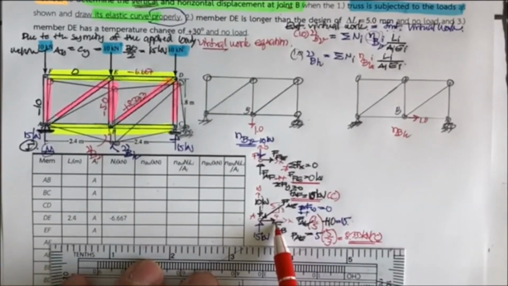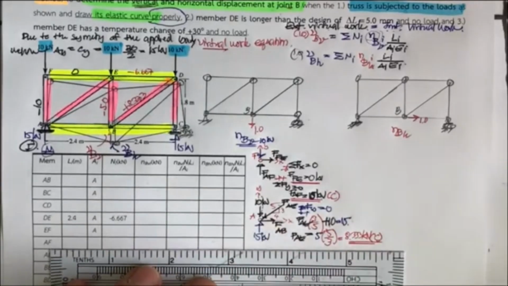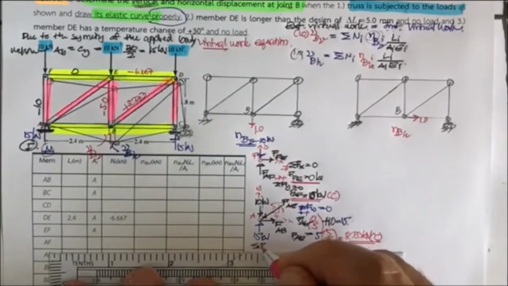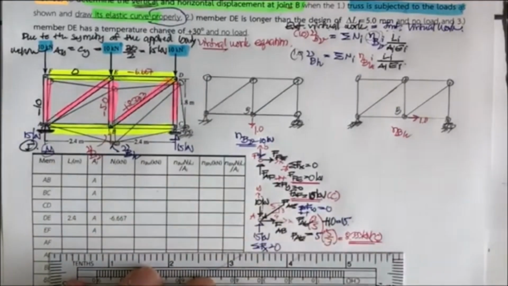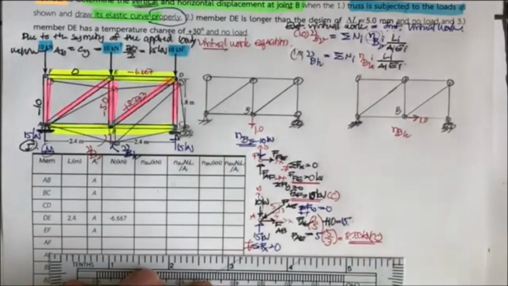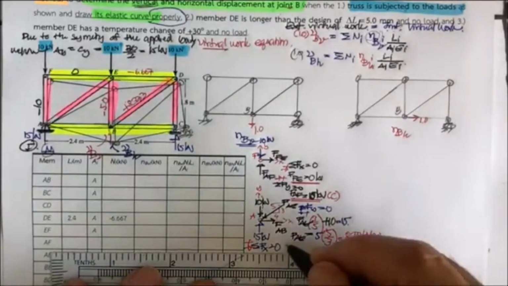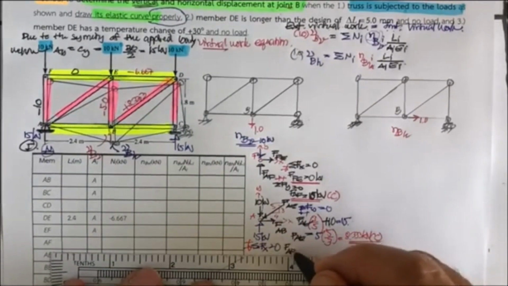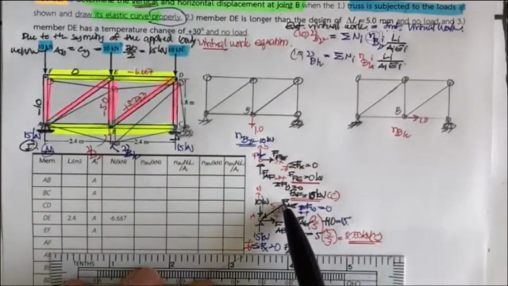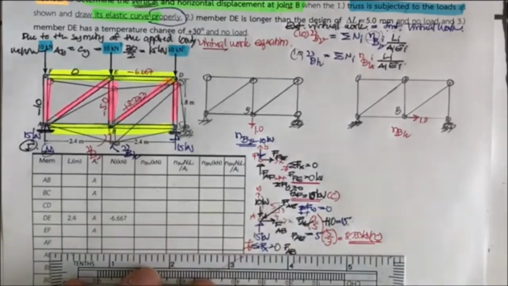this force, and we do the summation of F sub x equal to 0, right? And put this one as the positive. So we have F sub AB here, and then you project this one horizontally. This F sub AE must times 4 over 5, and it's in the opposite direction.